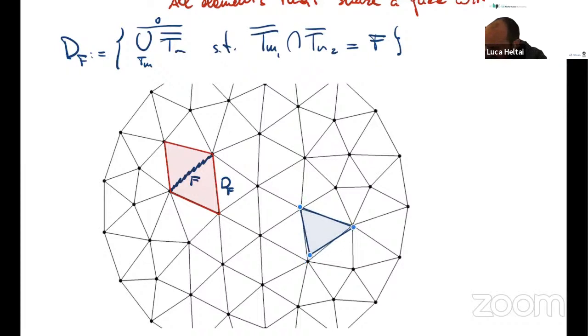And instead, for the case of a triangle, for example, let's take this triangle. All the set of elements that share a face with this triangle is called D_T, this is T. And then I have this triangle over here, and this triangle over here, and this triangle over here, union T. Of course, T is also in this set.